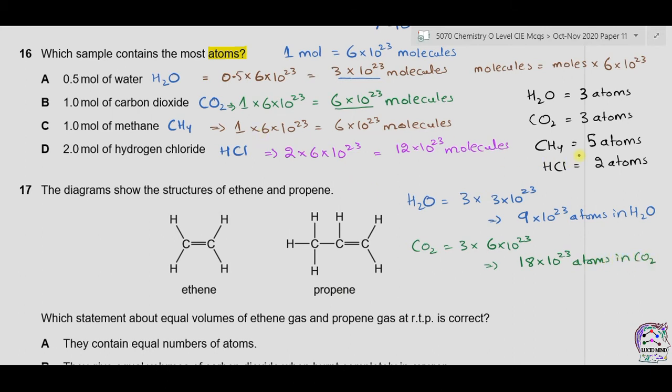For methane we have 5 atoms. So 5 times the number of molecules of methane, which is 6 × 10^23. So it comes equal to 30 × 10^23 atoms in CH4.